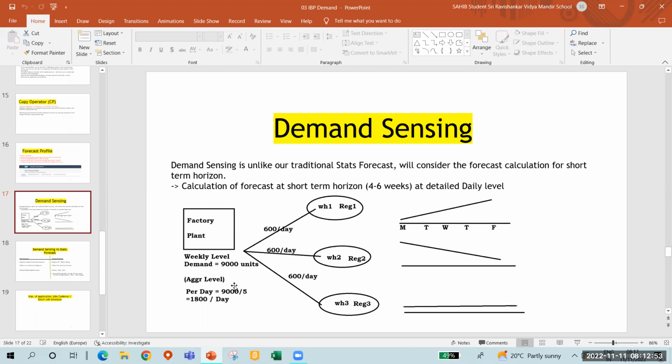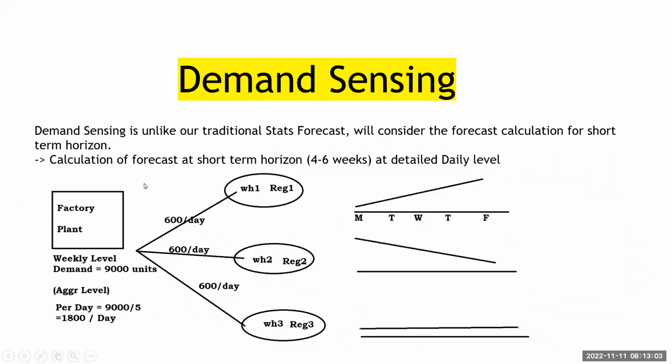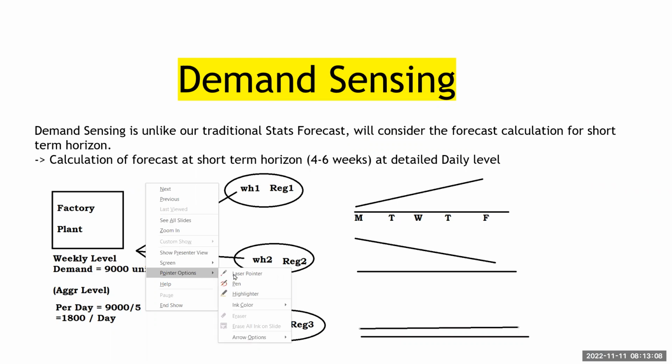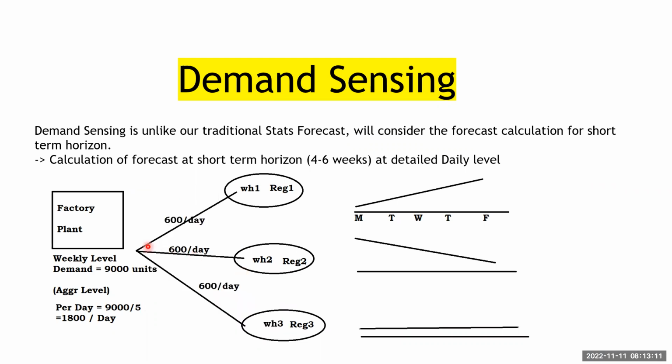So let us try to understand an example of this, what you see on my screen. For example, we have an aggregated demand for a particular week of 9,000 units, right? In a manufacturing plant, there is a demand of 9,000 units.